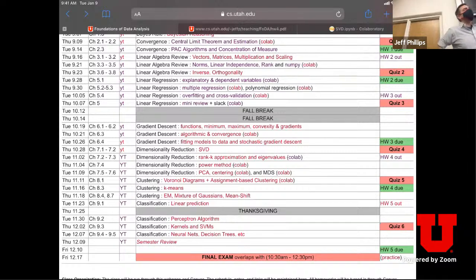The good news is that the actual implementation should be rather straightforward. We're going to do this dimensionality reduction through the SVD. You will see on Thursday's lecture how you could compute it.